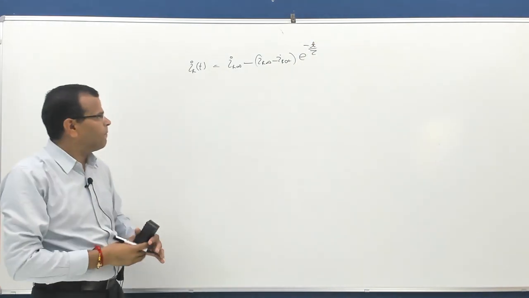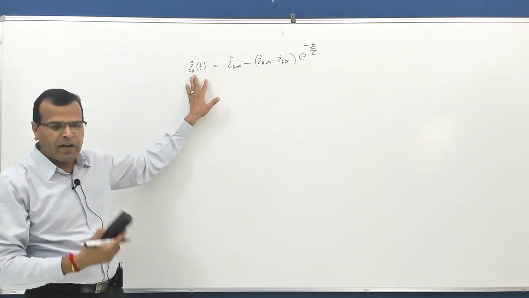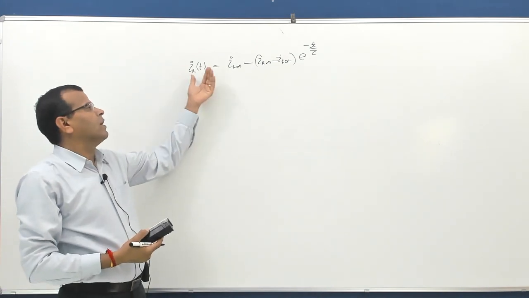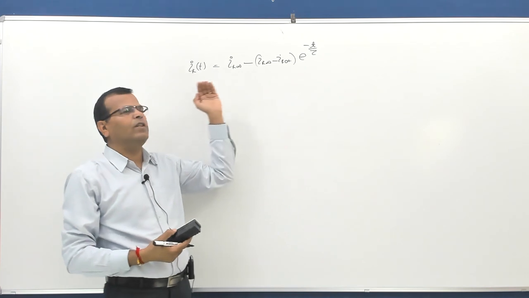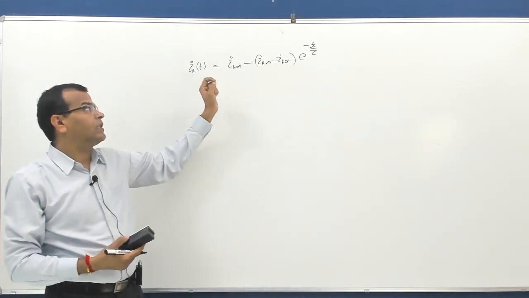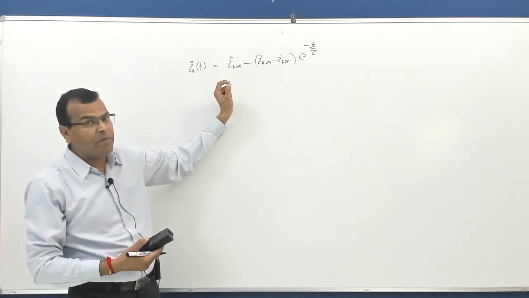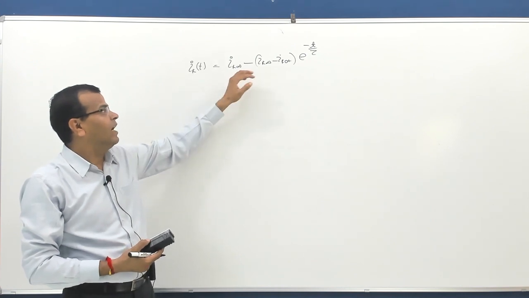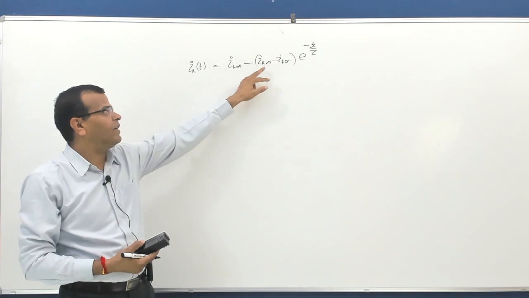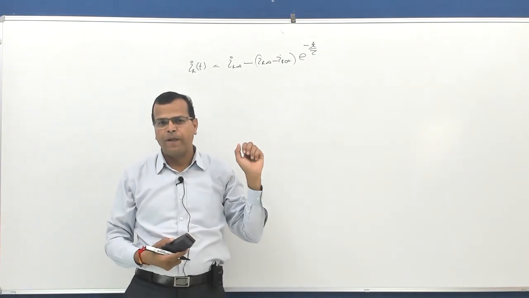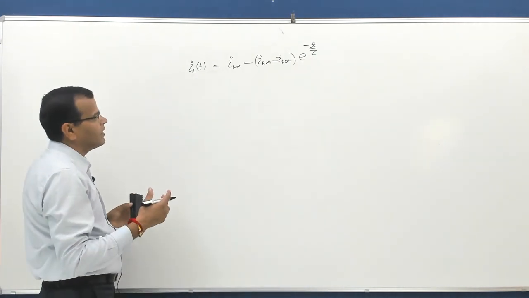Formula is same. Now instead of inductor I have replaced it by resistance. So for finding out the current through any resistance in first order RL circuit, I have to find IR 0 plus, I have to find IR infinity and tau. Remember again the certain points.